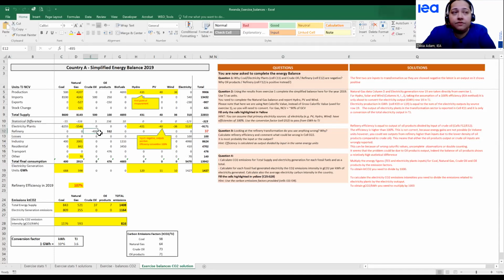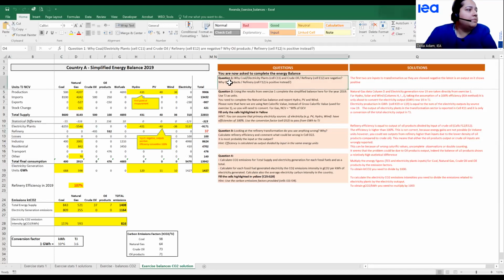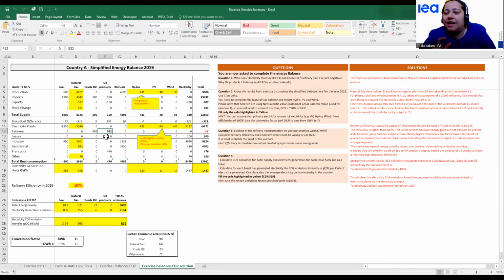If you remember from the presentation, these two are inputs to transformation, and in an energy balance, these transformation inputs are shown with a negative sign. And if you look at oil products refinery F12, this is positive because it's an output of the transformation. So you have your crude oil, which is an input with a negative sign, oil products with a positive sign, and then in the total, it's the sum. We'll look at the total later in another question.